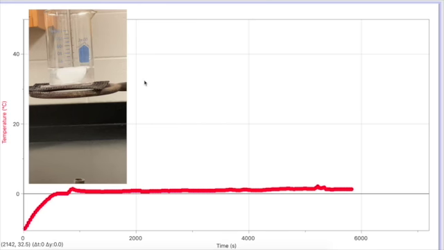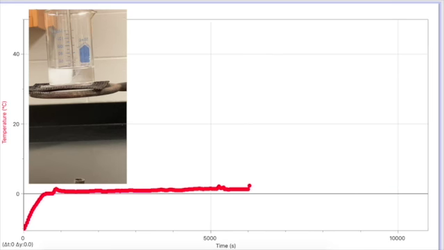Piece of ice is gradually getting smaller now. And as the ice breaks away from the temperature probe and starts floating around the beaker, I'm getting more of those blips because there's getting to be some hot spots, or warmer spots, inside of the water as the ice floats away.